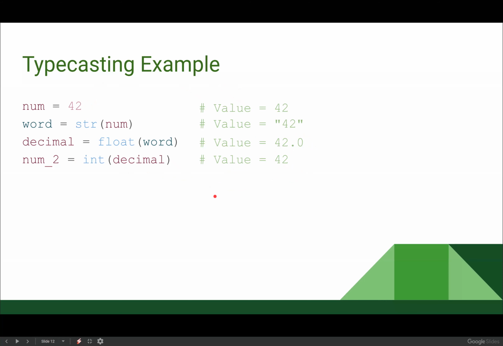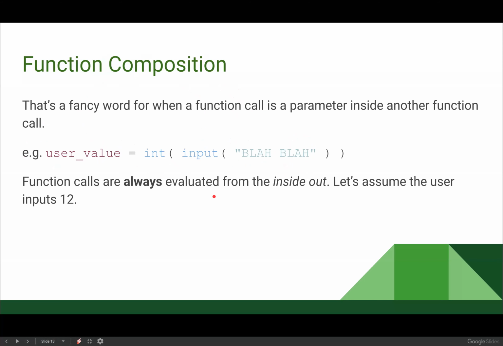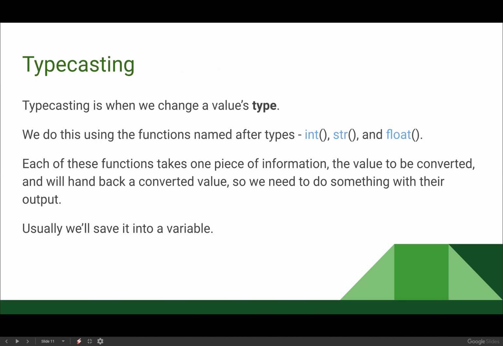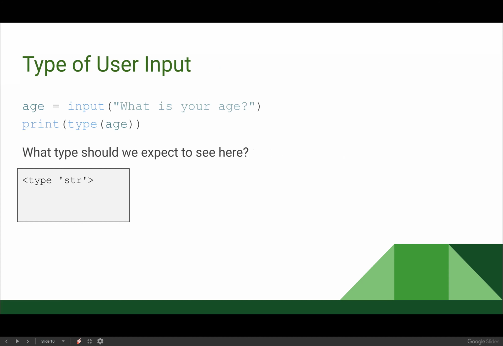And on the next slide, we're going to talk about something called function composition. That is a fancy word for when you have a function call inside of another function call. So if I am finding the user's age, I don't really ever need to store that as a string. I really only want to store that as an integer.